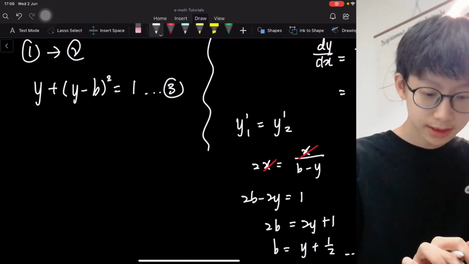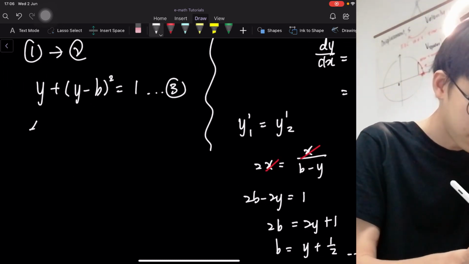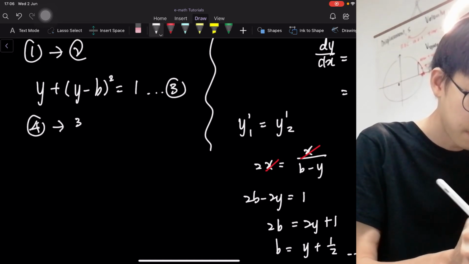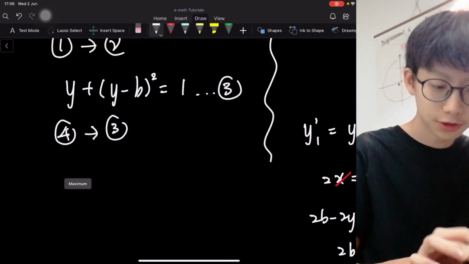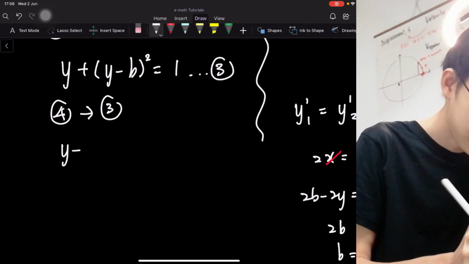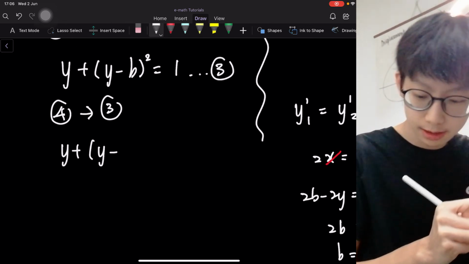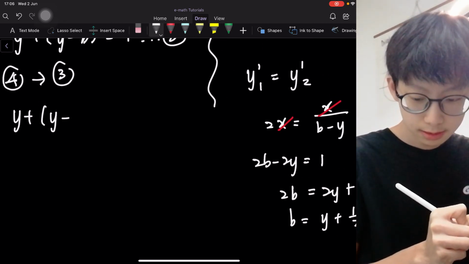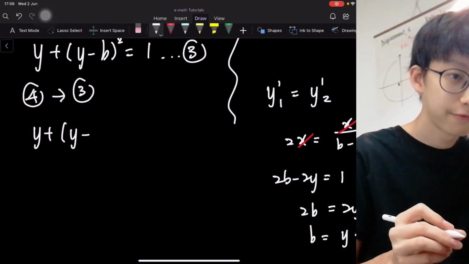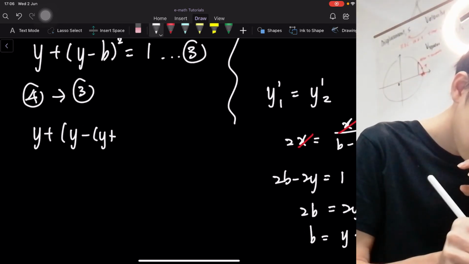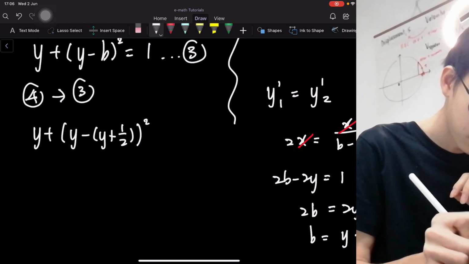So we substitute equation 4 into equation 3. Not sure if this works. y plus (y minus y plus half) squared equals 1.